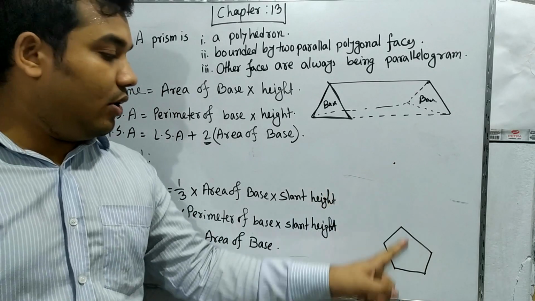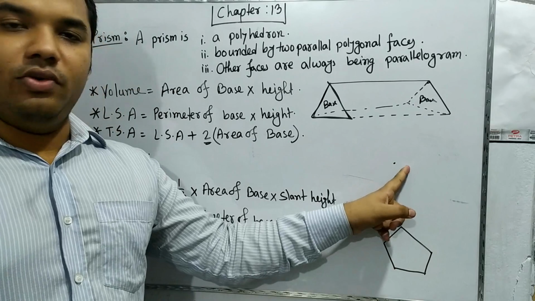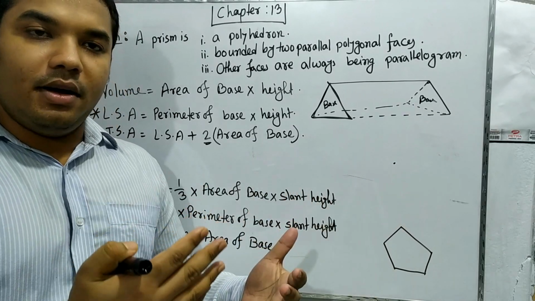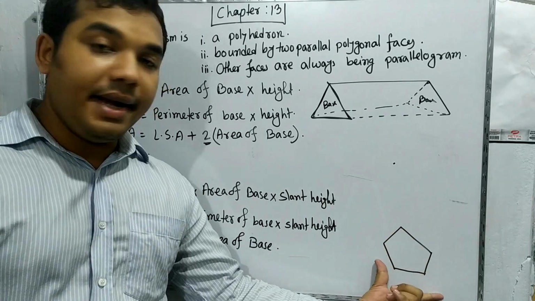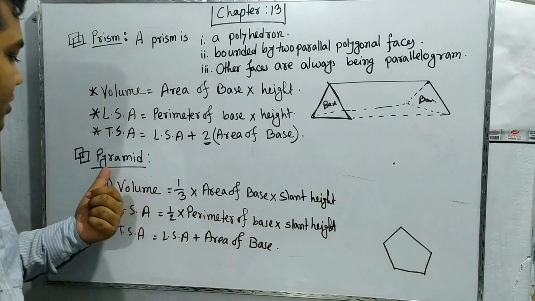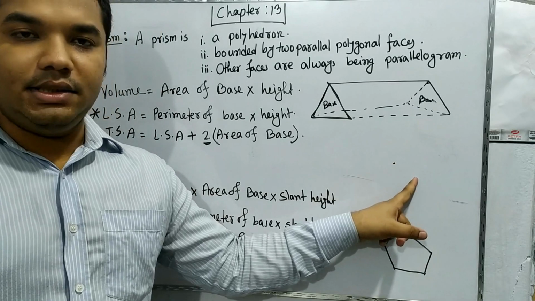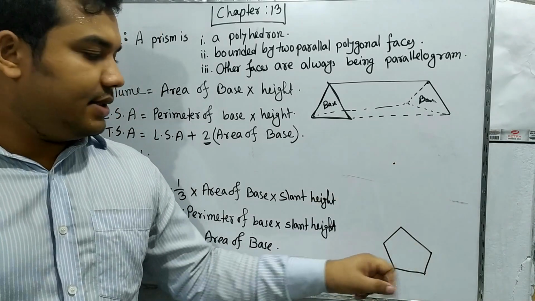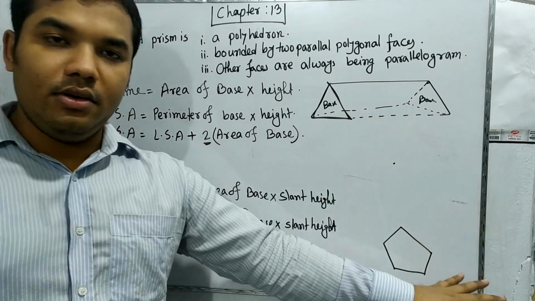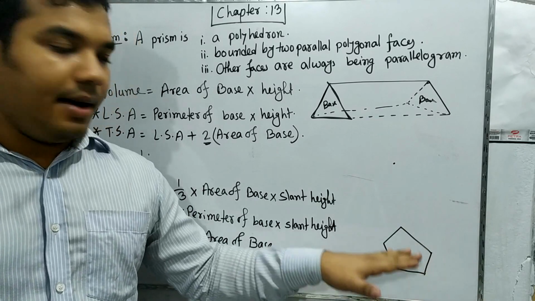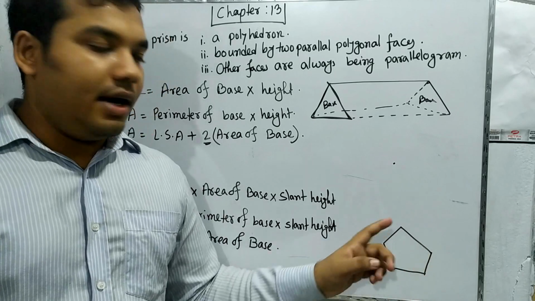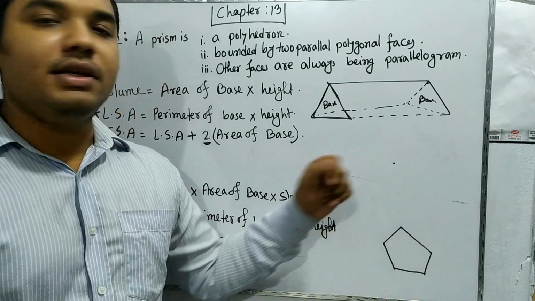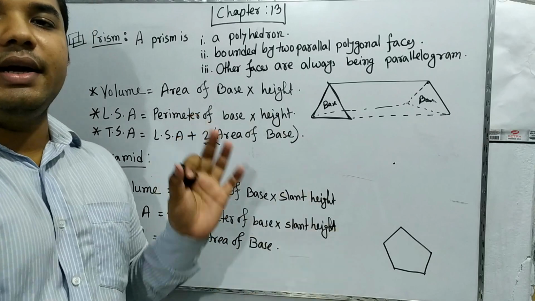If we are talking about a prism, then we also need a pentagon like this, but in the case of a pyramid we need only a point, and here will be a base, and this base is a polygon. Here we are taking a pentagon as the polygon. In this pentagon there are 5 vertices, and we have to just join all the vertices with this point. If we do that, then we get a pyramid.